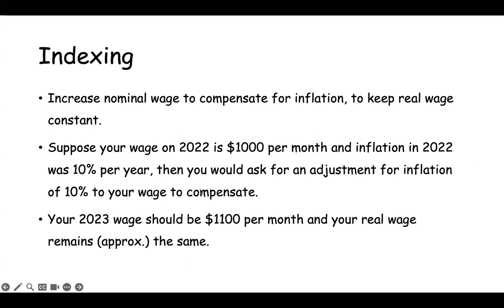And then that means your wage in 2023 should be a 10% of 1,000 increase, so a $100 increase, and so it will be 1,100, okay? And this will mean your purchasing power in 2022 and 2023 will be approximately the same, okay? That's essentially the process that is going on right now.